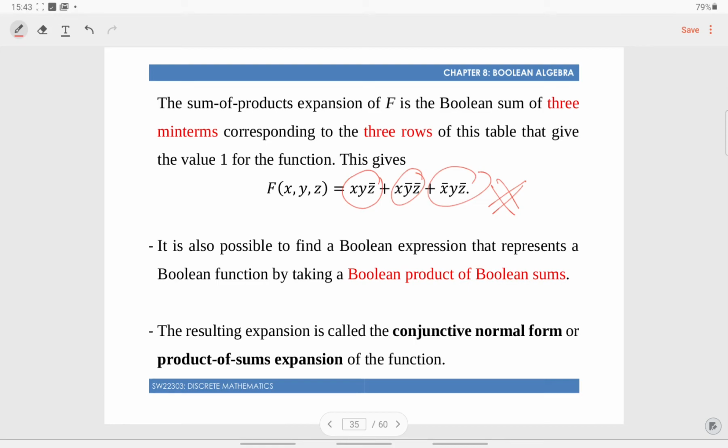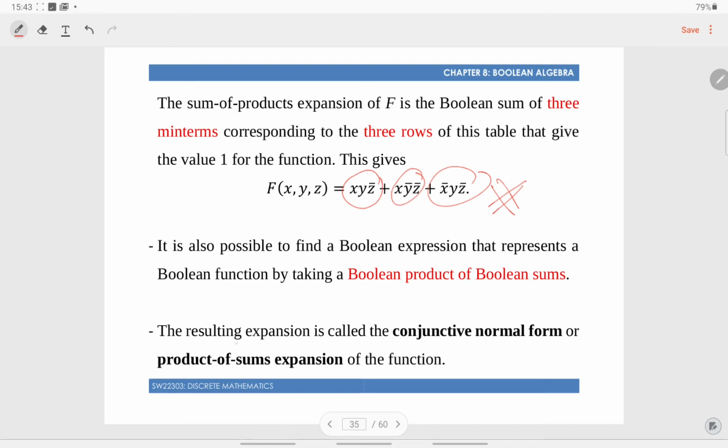All right. So it is also possible to find a Boolean expression that represents a Boolean function by taking a Boolean product of Boolean sums. Previously we had Boolean sums of Boolean products, so this is the reverse way. This kind of expression also has a special name.